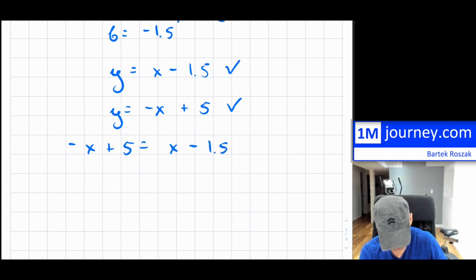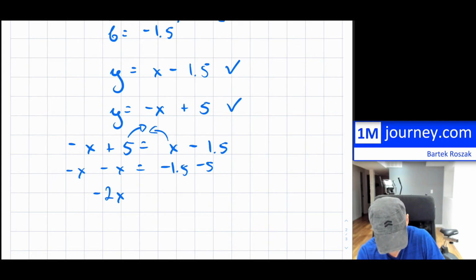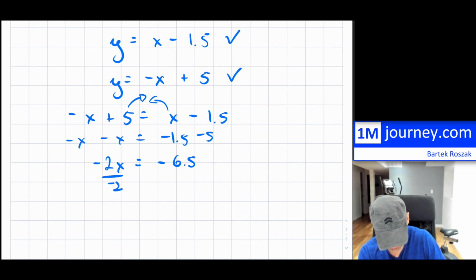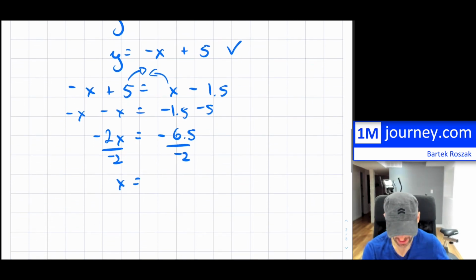I have these. Let me solve for x. -x, bring this one over, -x, -1.5, bring that over. And I have, dividing, of course, by -2, the negatives cancel, and that's my x value, which is going to be 3.25.